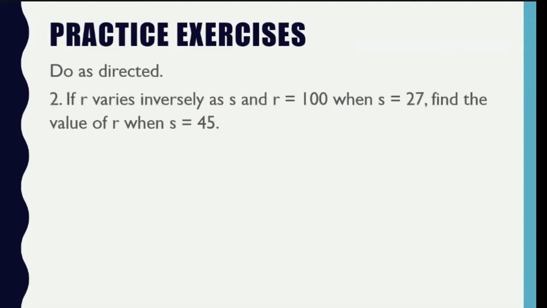Next, if r varies inversely as s and r is 100 when s is 27, find the value of r when s is 45. So the tentative equation, r is equal to k over s, and initially we will have the table of relation.